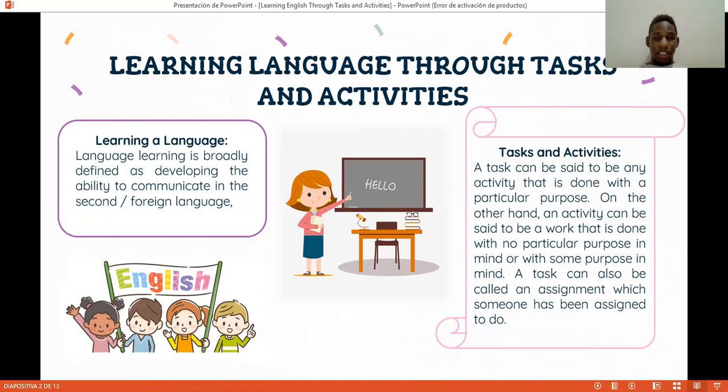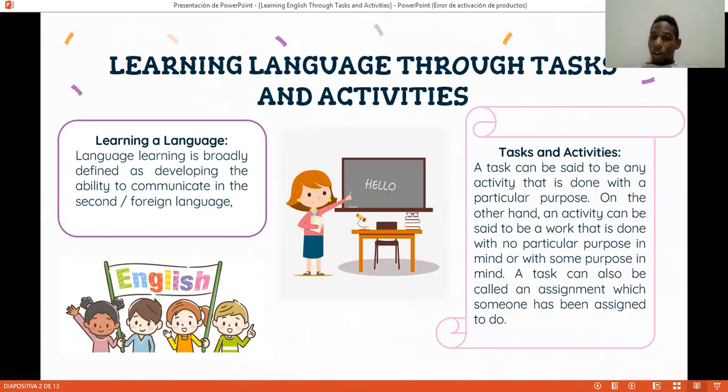Learning language is broadly defined as developing the ability to communicate in a second or in a foreign language. In this way, the teacher is going to try to develop all the communicative abilities in their students in order to give them the opportunity to communicate in a different language in such a way in which they can be understood.